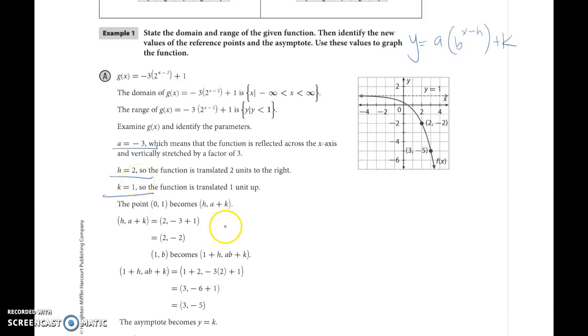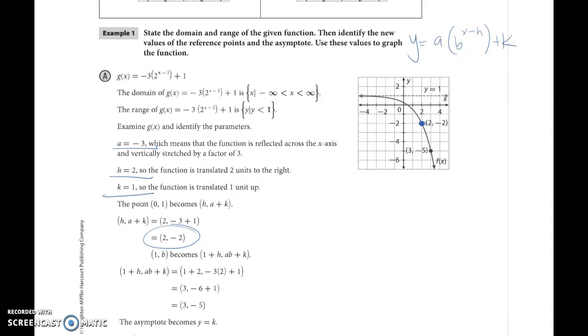So we can apply those shifts that we're supposed to memorize. (0, 1) becomes (h, a + k). h is 2, a is -3, and k is 1. So -3 plus 1 is -2. So that's going to be a new point on our graph, which is right here.